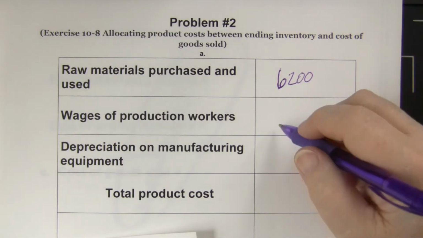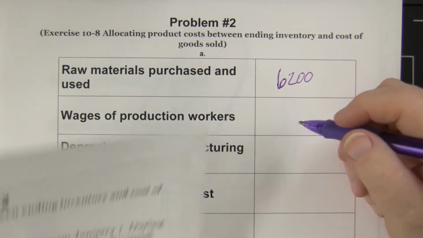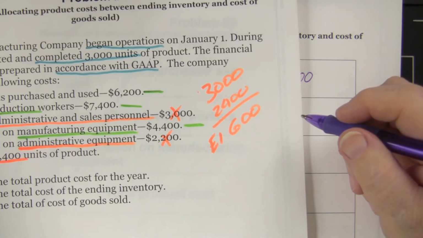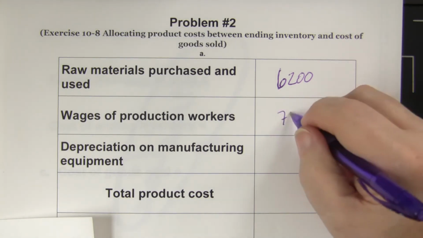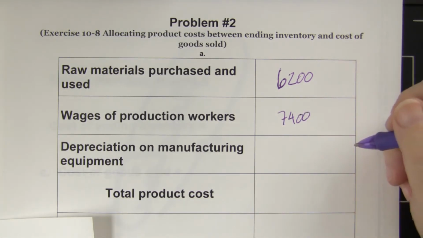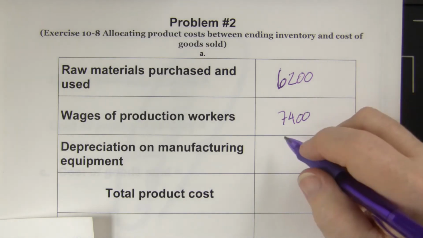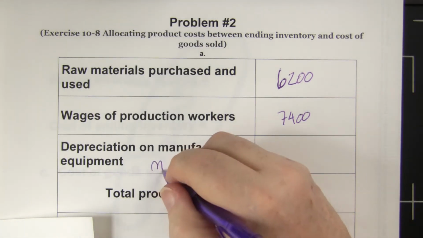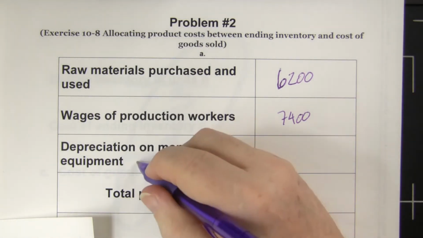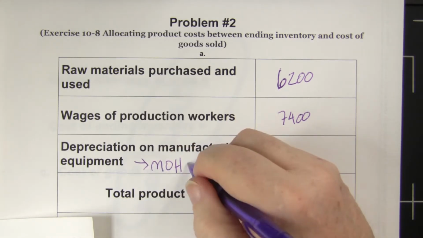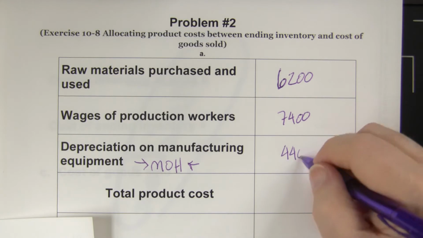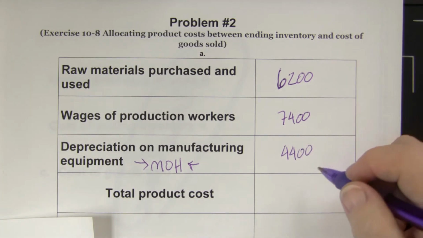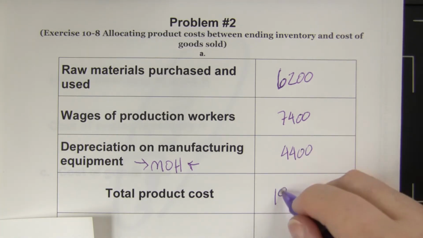Wages of production workers, and I'm just grabbing these numbers off of this sheet. I'm just not going to flip back and forth to make you seasick. 7,400. And the depreciation, which is manufacturing overhead. That's what that is. Manufacturing overhead, 4,400. The total product cost, 18,000.